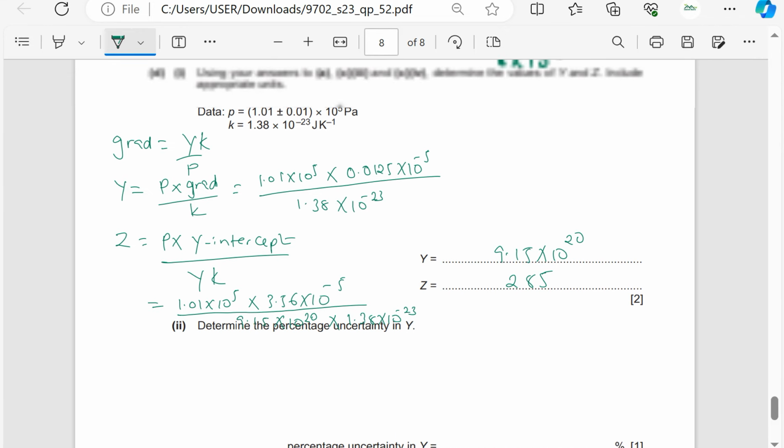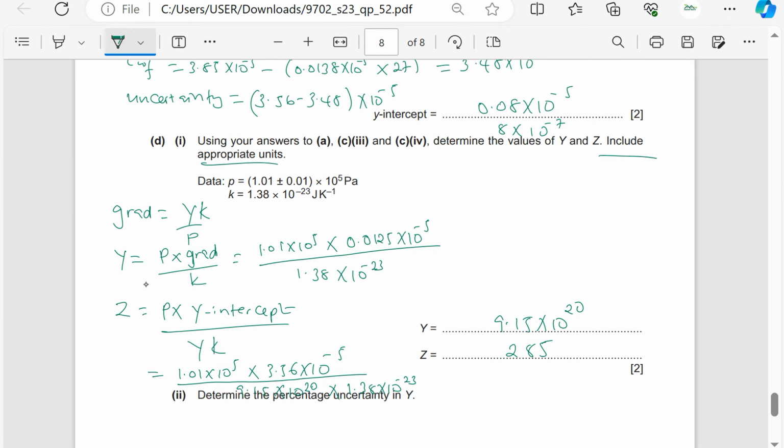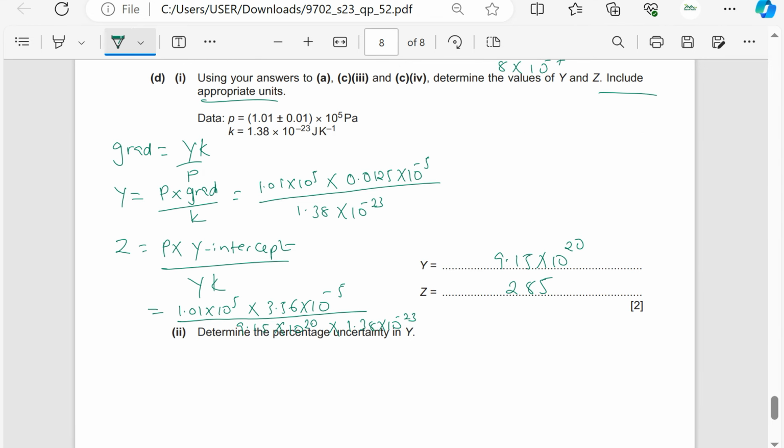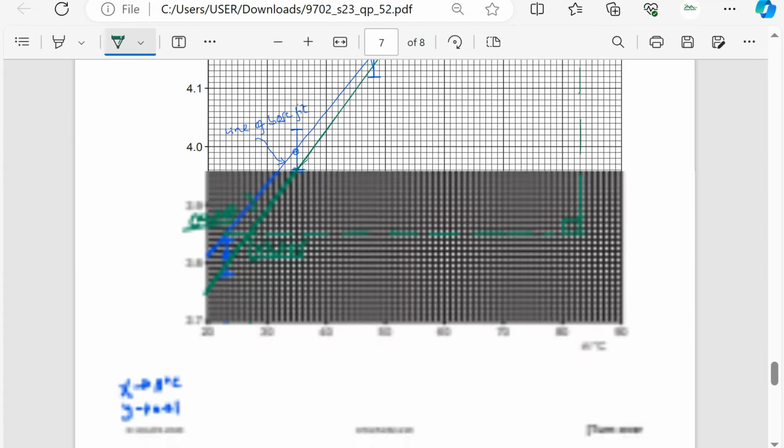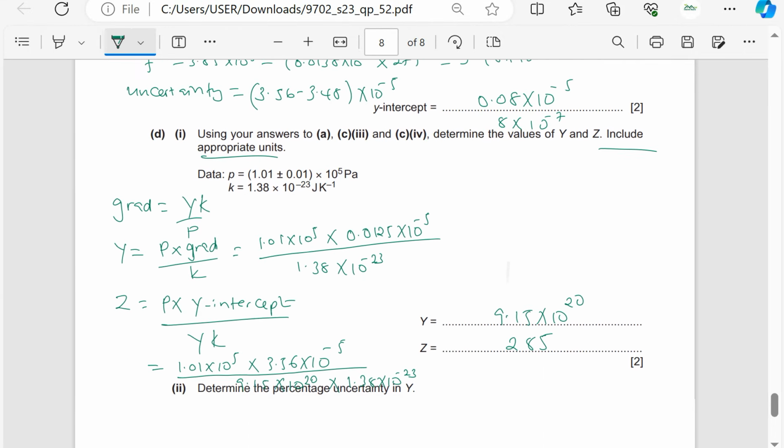Then units, because they said include appropriate units. So for Y, I can check the units. This is pascals, and the gradient was meter cubed. Okay, let me start with Z. I think Z is y-intercept, that is in meters cubed, and P is pascals.